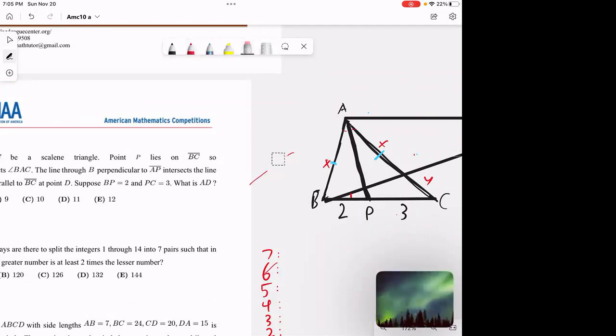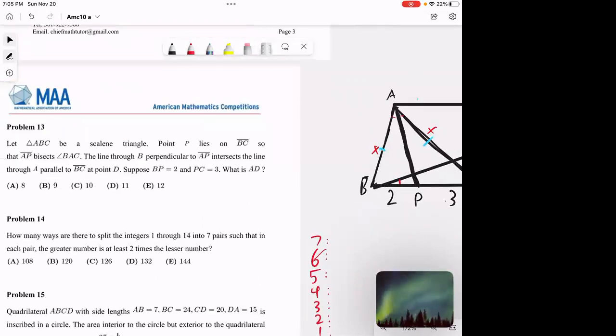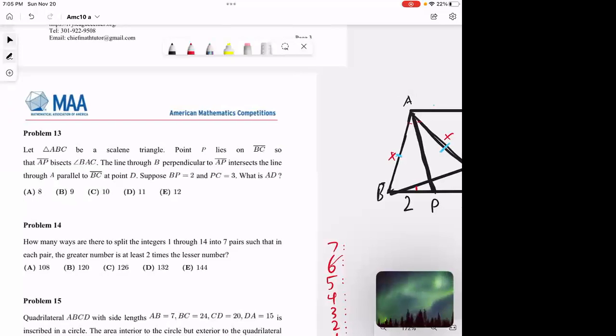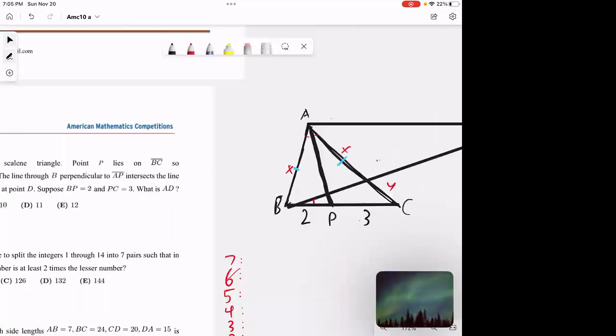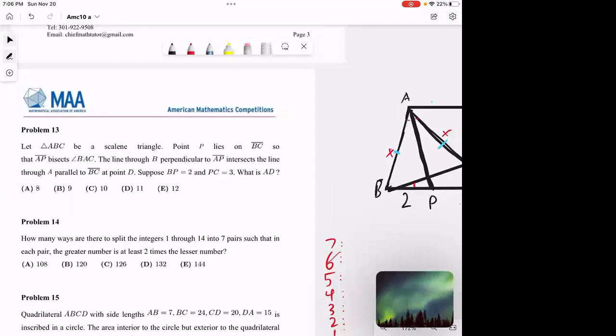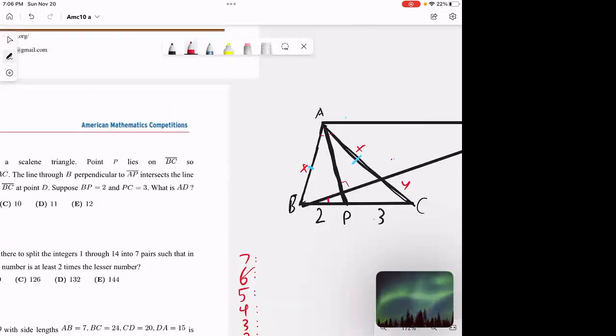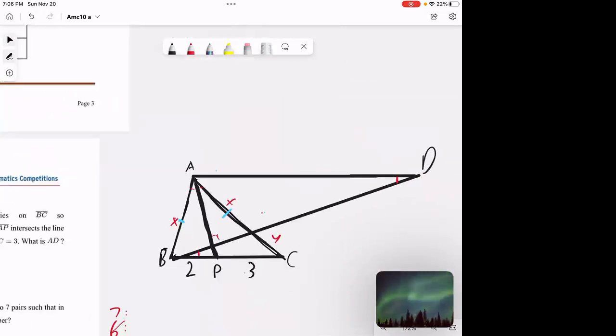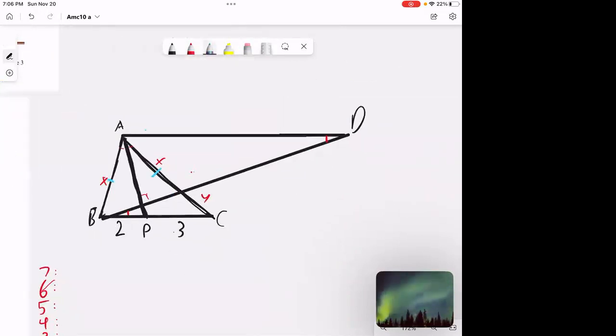And then the line through B perpendicular to AP intersects the line through A parallel to BC at D. It's perpendicular, so this is a right angle right here. Now suppose BP is 2 and PC is 3. We're looking for AD, right? So how can we solve this? Or solve for AP?